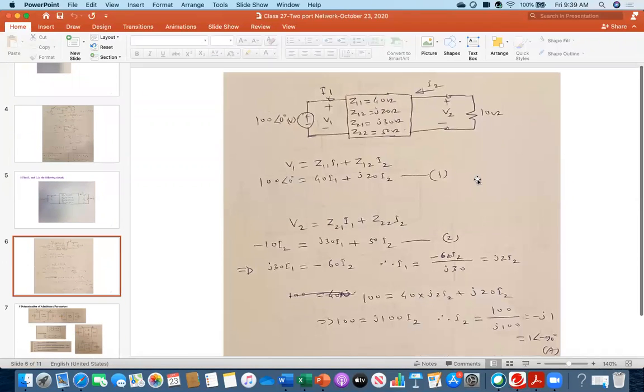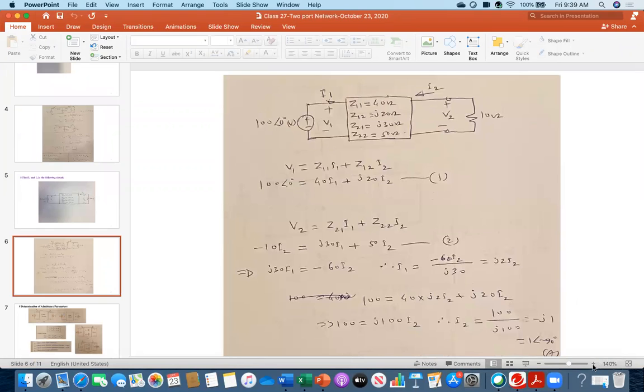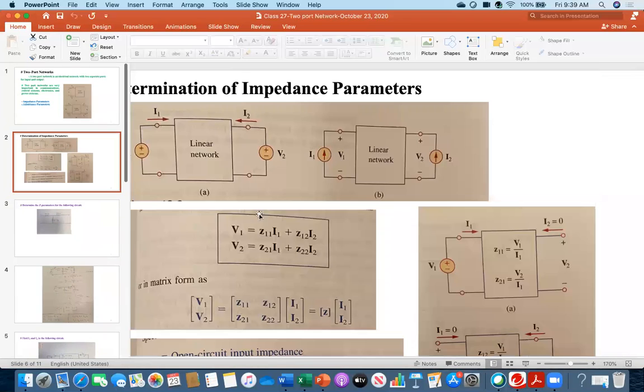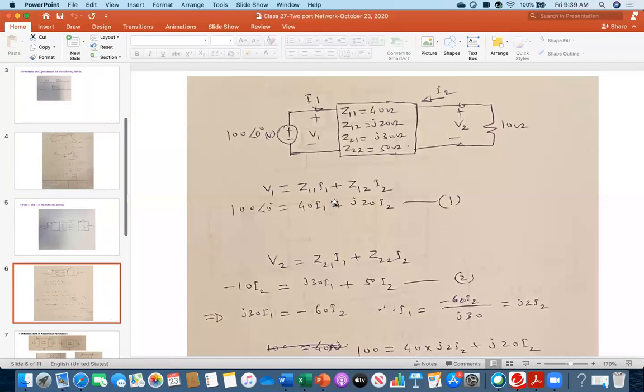Okay, so here are those calculations. First, I wrote down the basic definition, the generalized equation that we have learned today: V1 equals G11 multiplied by I1 plus G12 times I2.